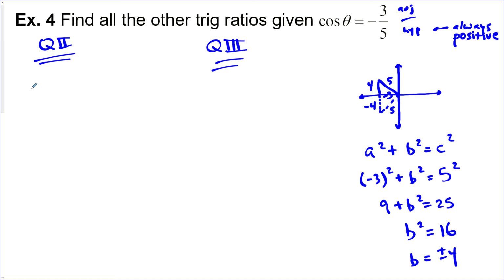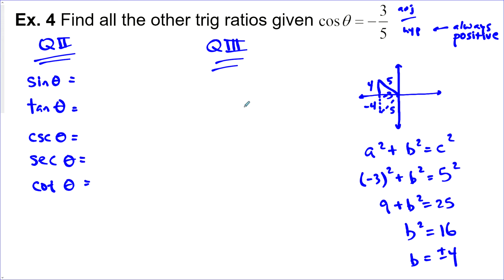Now all the trig ratios, so sine, we have cos, so I'll skip to tan, and then on to the reciprocal trig ratios, so cosecant, secant, and cotangent. Now for quadrant 2, use these three numbers here. So sine would be opposite over hypotenuse, or 4 over 5.